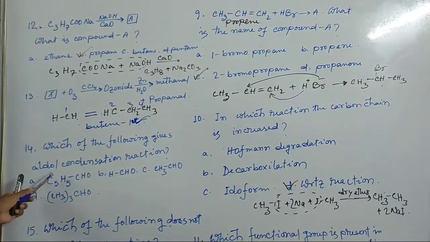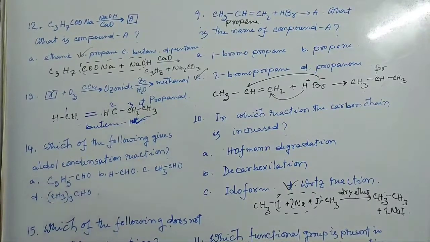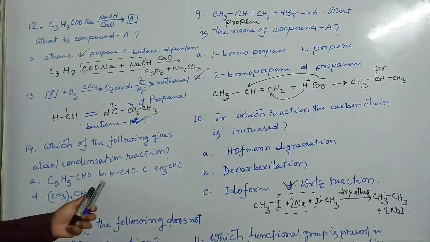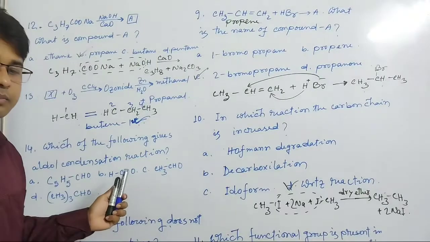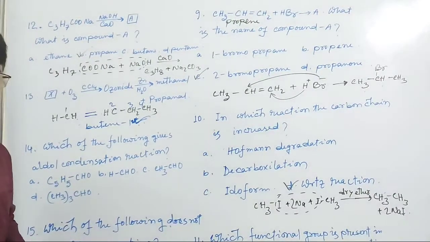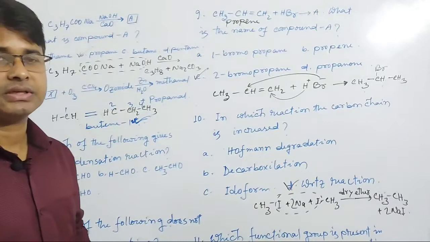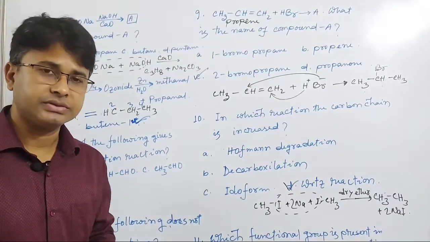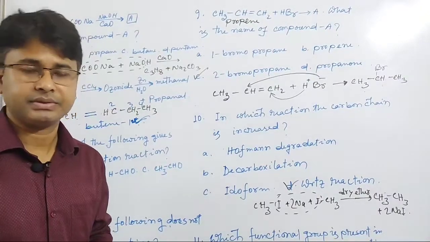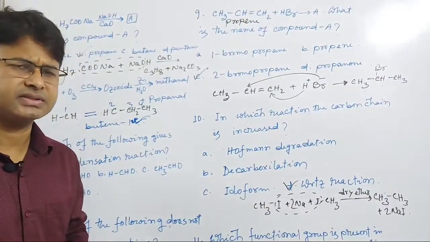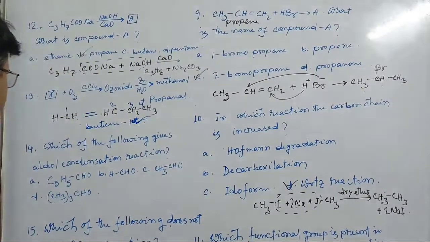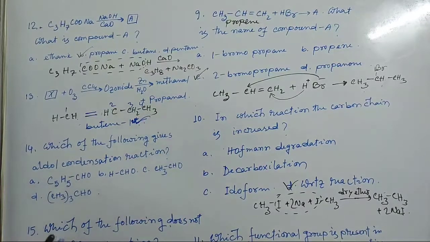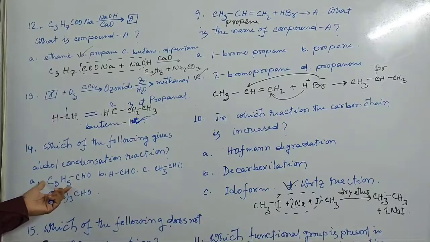Which of the following gives the aldol condensation reaction? The prime condition of the aldol condensation reaction is that the aldehyde or ketone must have a hydrogen atom at the alpha carbon, then it will give the aldol condensation reaction. Here this is benzaldehyde.